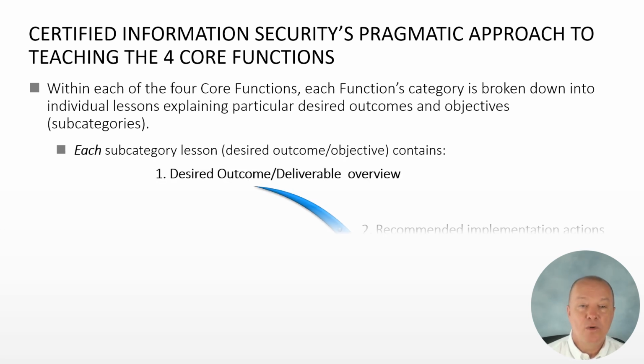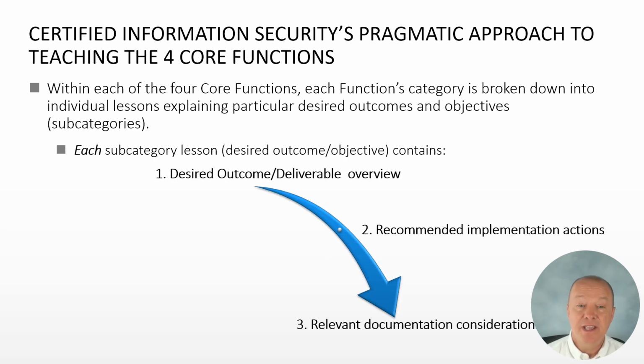Each subcategory lesson then contains the desired outcome that we need to achieve, also supported by NIST recommended implementation actions, and then finally finishes for each lesson with relevant documentation considerations.